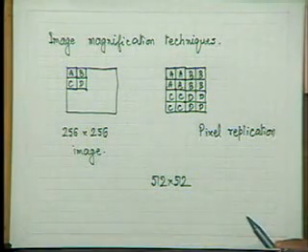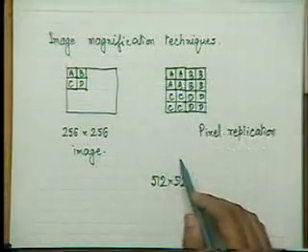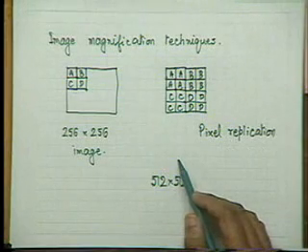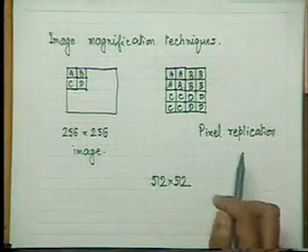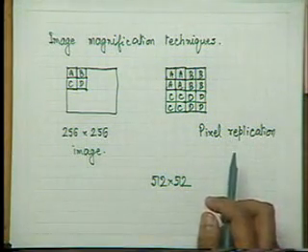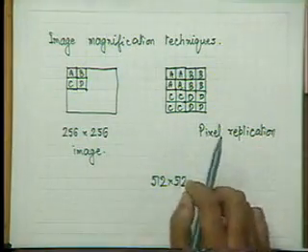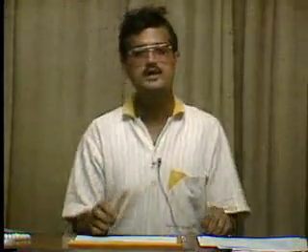Now rather than doing the pixel replication, we can also do the interpolation. We can also find out the intensities of other pixels by means of interpolation. Now obviously this kind of pixel replication we can do only when we want to do the enlargement by some integer factor.